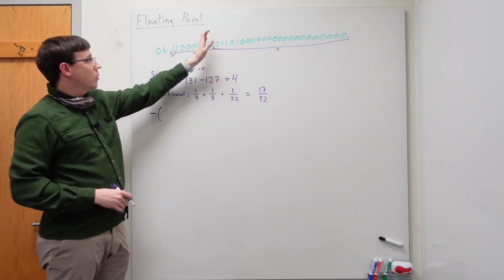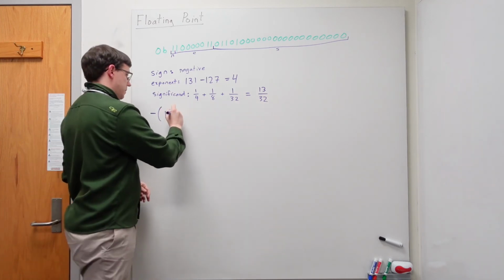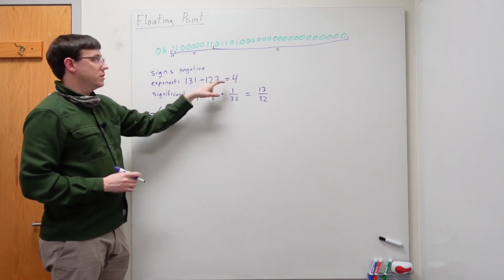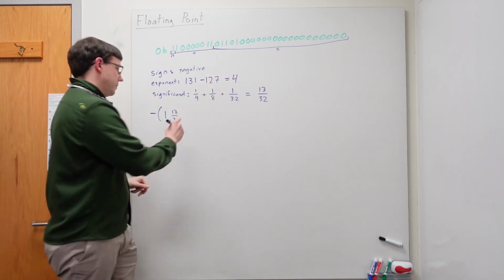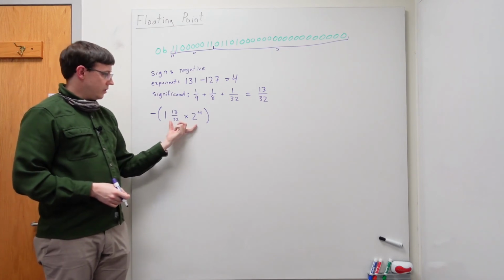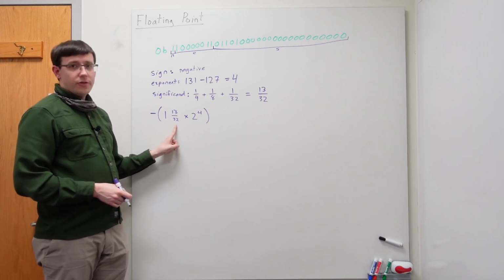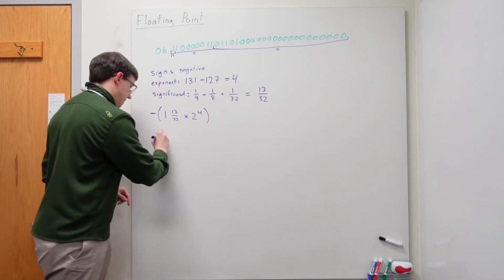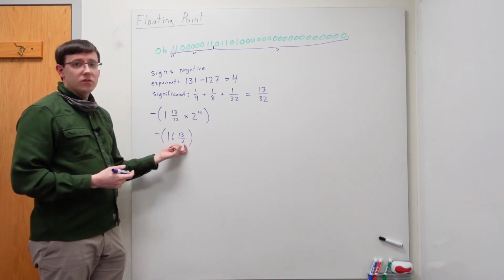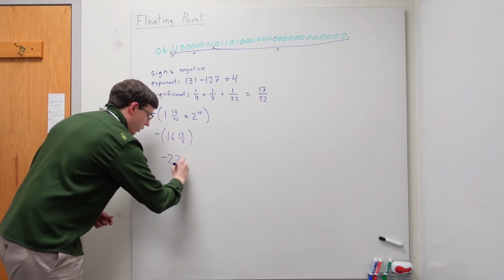So we have 1 and 13/32. And then we multiply by 2 to the power of the exponent. 2 to the 4th is 16, so this product becomes 16 and 13 halves. And our improper fraction is equal to 6.5, so this is equal to negative 22.5.